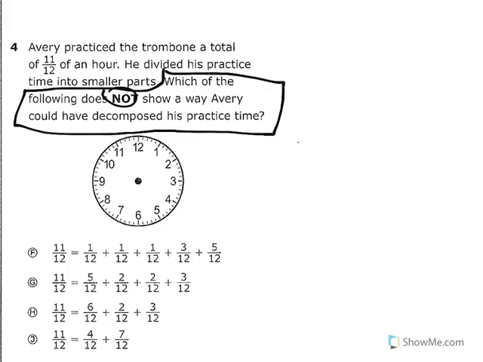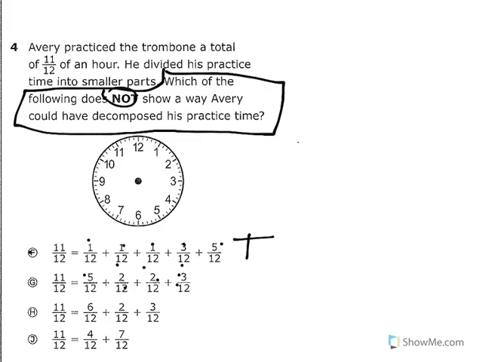If we look in the answer choices there, all of them are saying that they equal 11/12, but I'm guessing that one of them does not equal 11/12. So we'll go ahead and add them all up. Number 1, we'll start with the bigger numbers, 5 plus 3, that's 8. We've got 9, 10, and 11, so that's a true statement. The next one, I have a 5, 6, 7, 8, 9, 10, 11, 12.